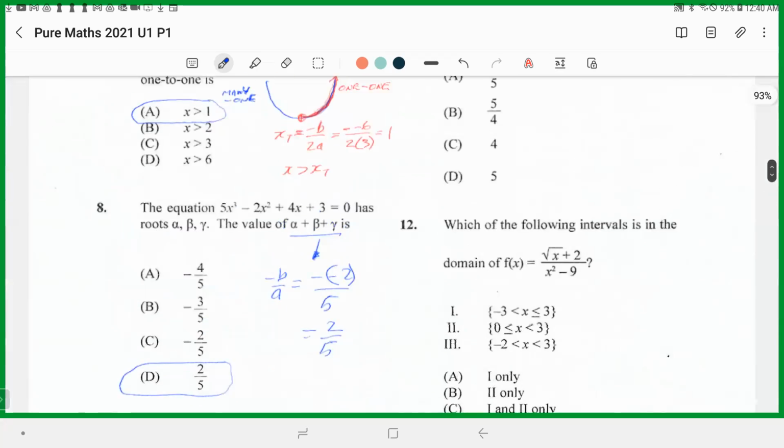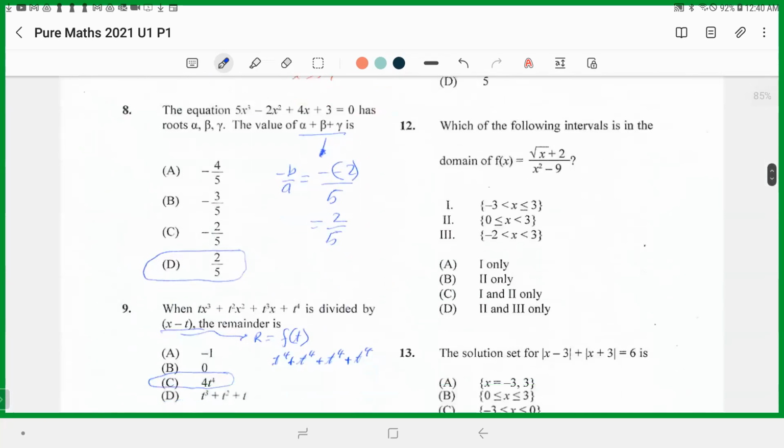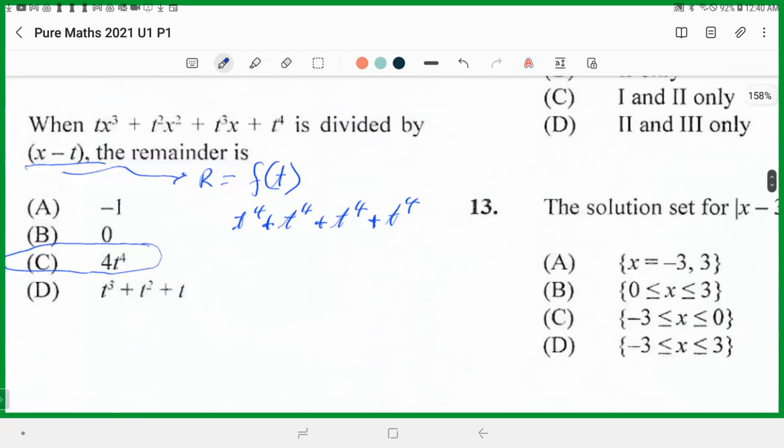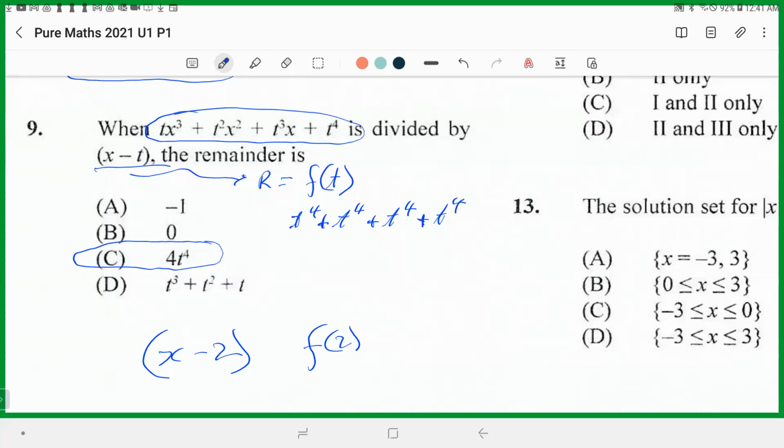I've gone 10 already. Wait, so you could go over about number 9 again? Number 9? Yeah. Yeah, man. So if you divide by x minus t, the remainder is f of t. Remember, if you divide by x minus 2, the remainder is f of 2, you know. So it's x minus t, so the remainder is f of t. So it means that I'm plugging t in this function everywhere x is. So I plug t also for the x cube.